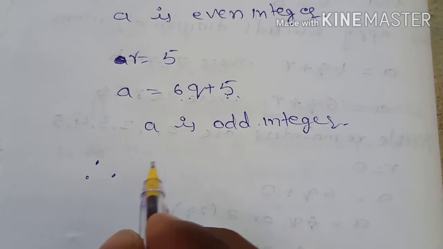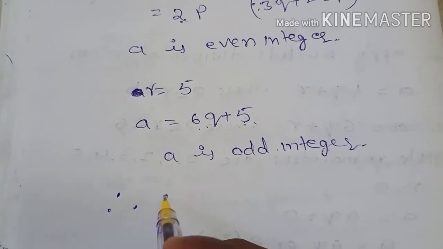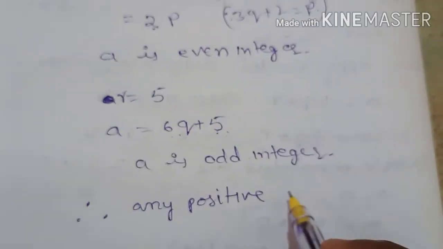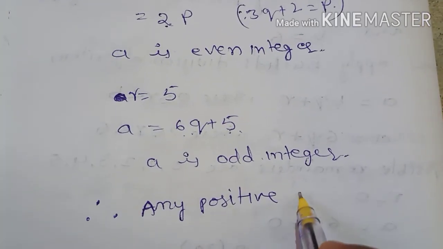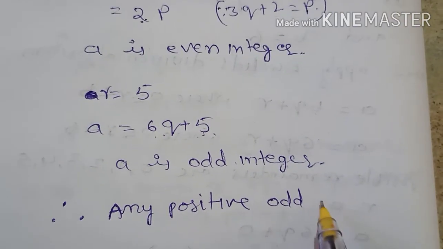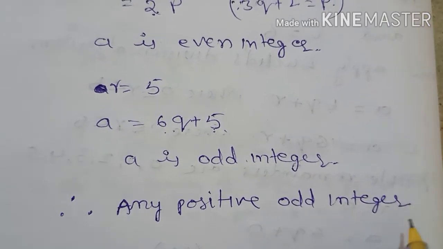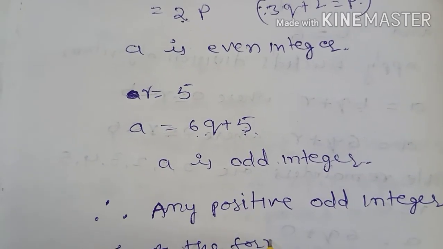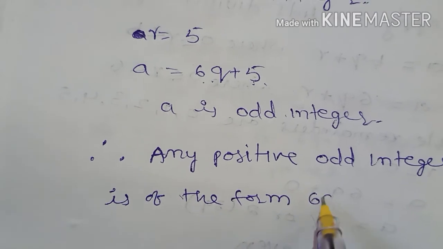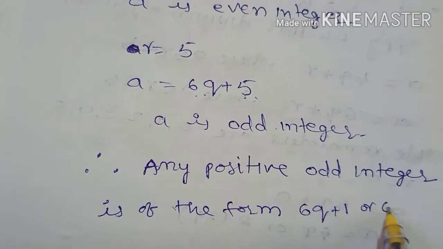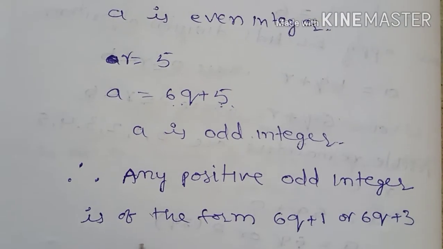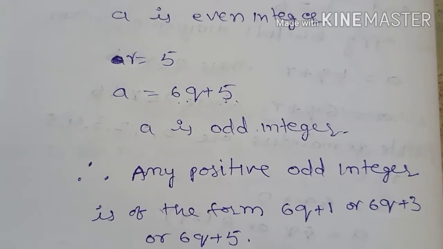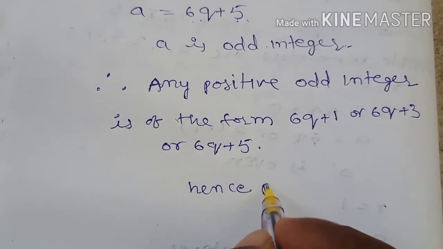Therefore any positive odd integer is of the form 6q plus 1 or 6q plus 3 or 6q plus 5. Hence proved.